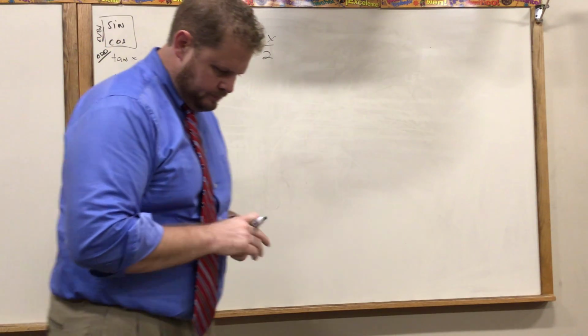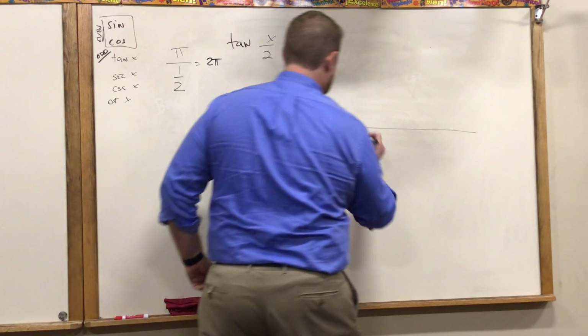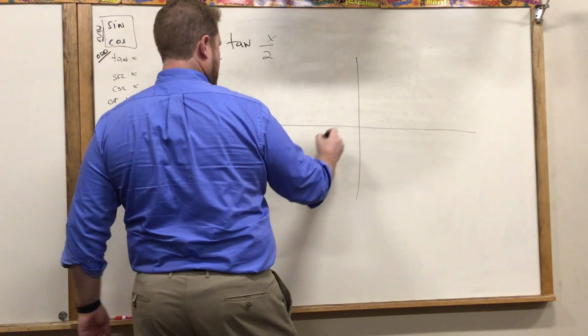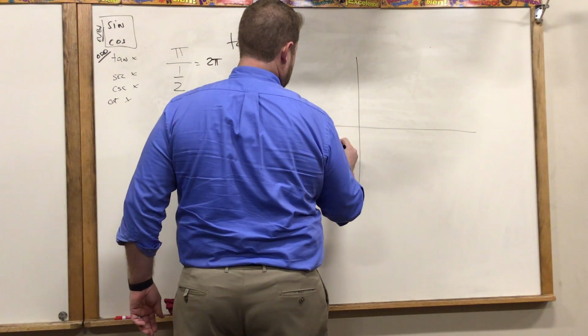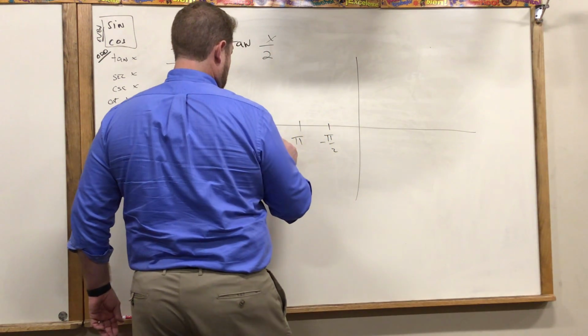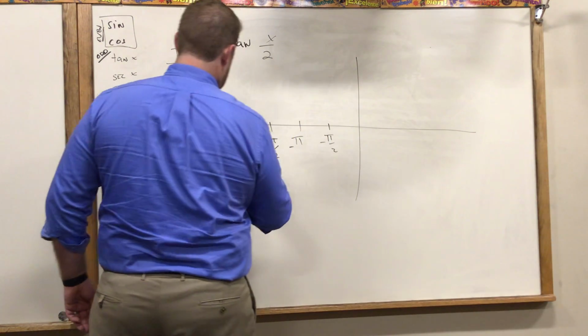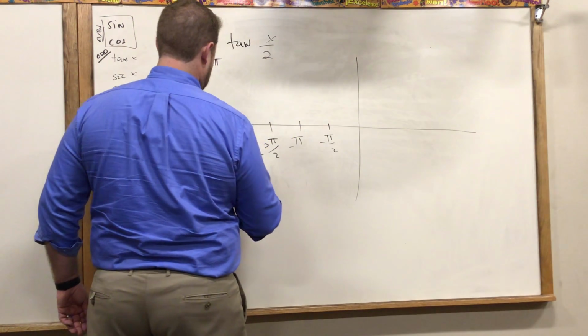Now, in other words, it's going to run on your axis. It's going to be pi over 2, negative pi over 2, pi, 3 pi over 2, these are all negative, by the way, 2 pi, negative.